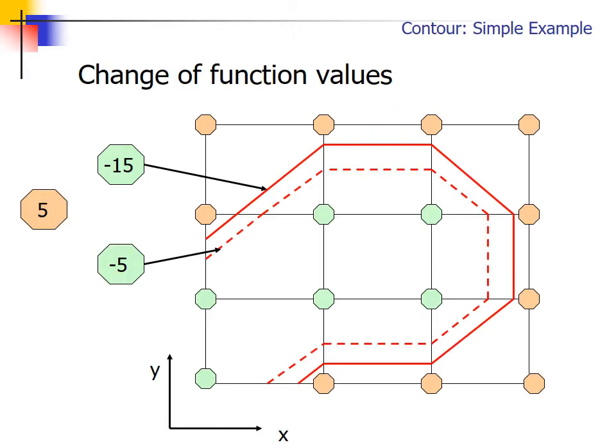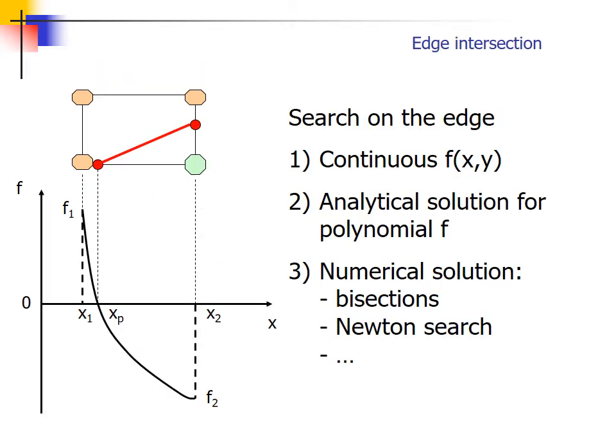The linear interpolation allows us to get approximated points of the contour, but real values where the function equals 0 can lie in other places on every edge. For searching intersection points with certain accuracy, we can use an analytical solution for polynomial f or numerical methods for solving nonlinear equations such as bisection or Newton search.